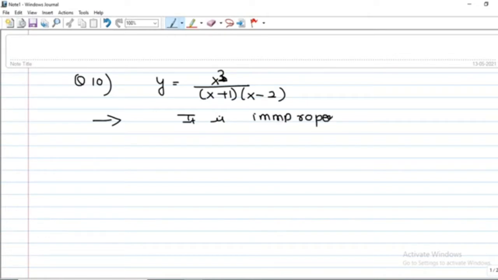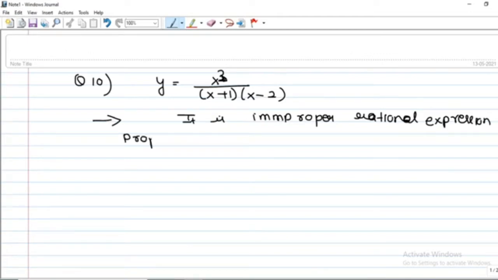Improper rational expression. So if it is an improper rational expression, we have to do one thing: we have to convert it into a proper rational expression.